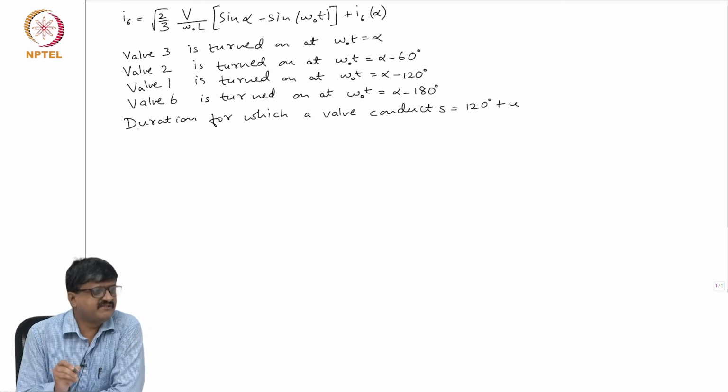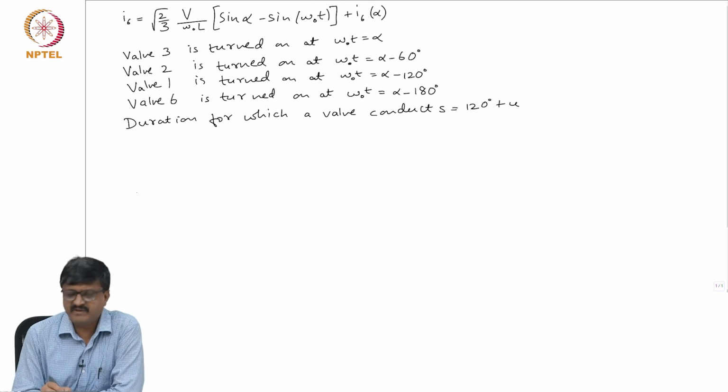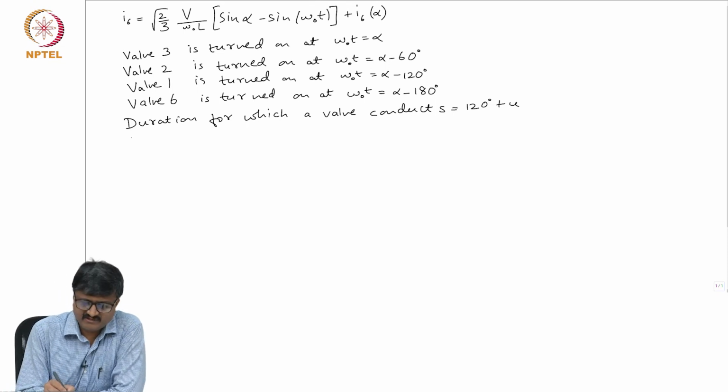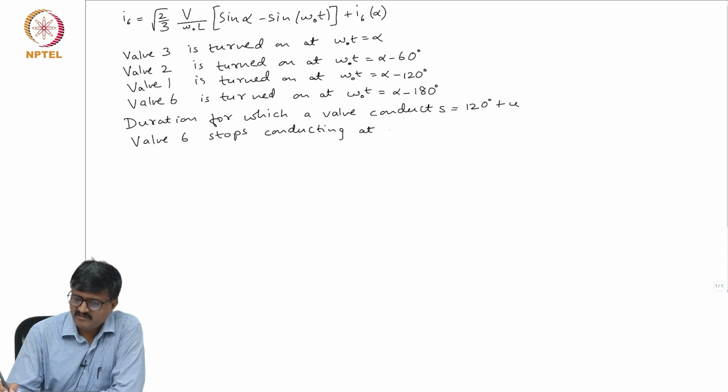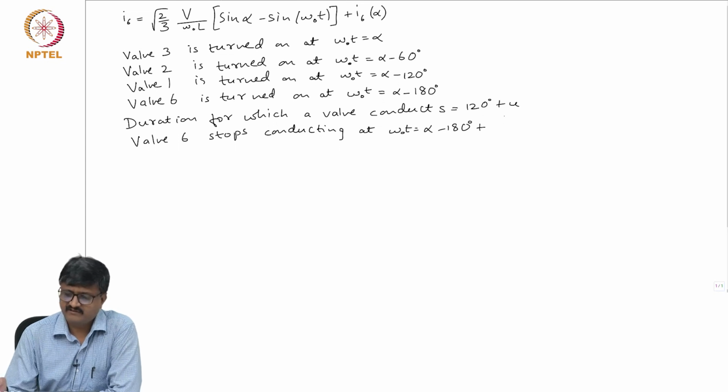Now, when does valve 6 stop conducting? It is turned on at omega OT equal to alpha minus 180 degrees. So, valve 6 stops conducting, that means the current through valve 6 goes to 0, at omega OT equal to alpha minus 180 plus, see, alpha minus 180 is the instant at which it is turned on.